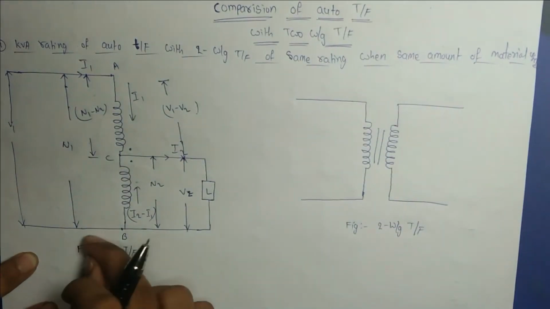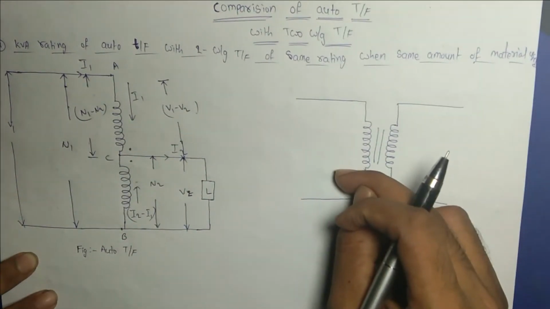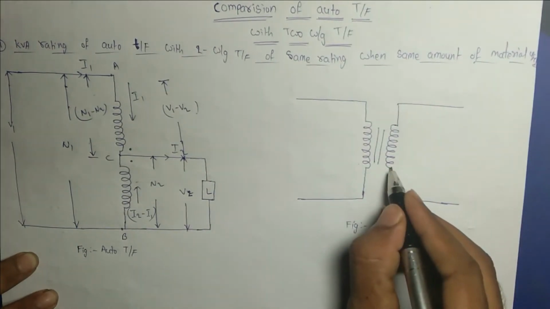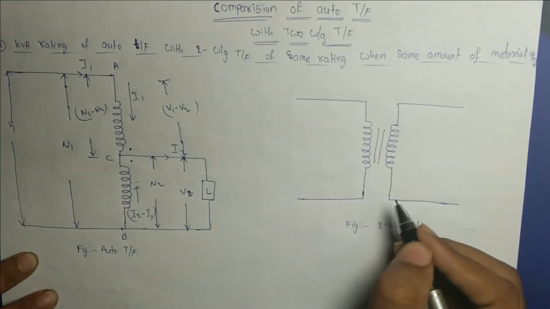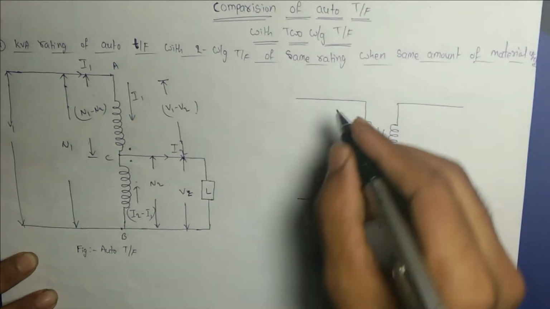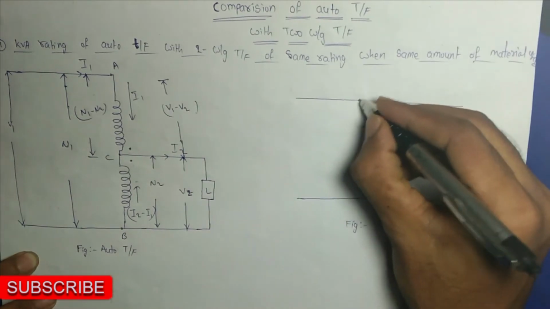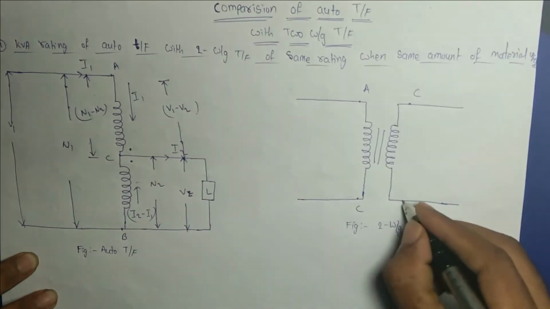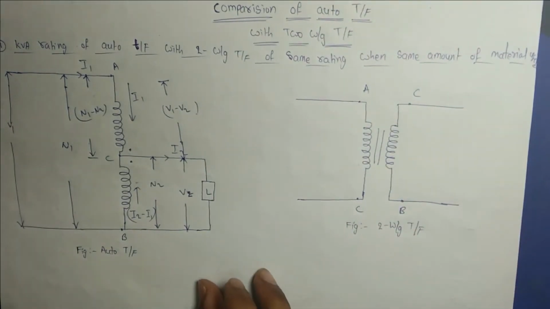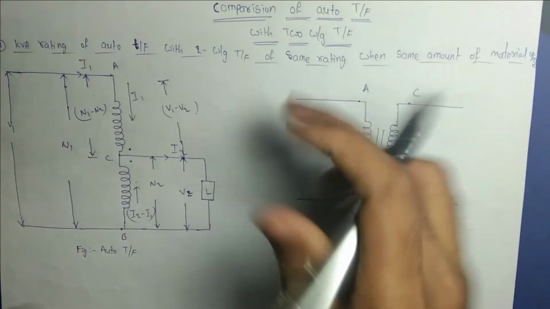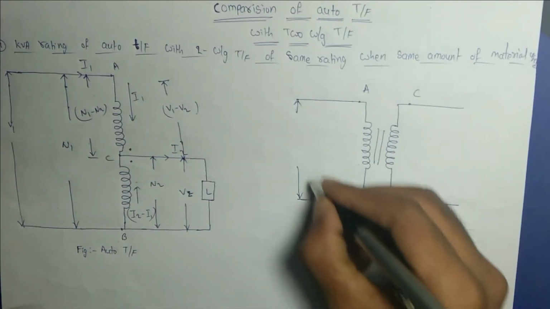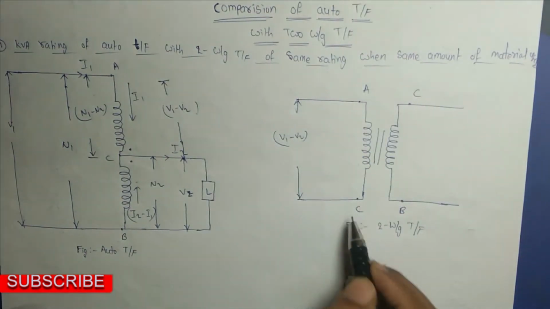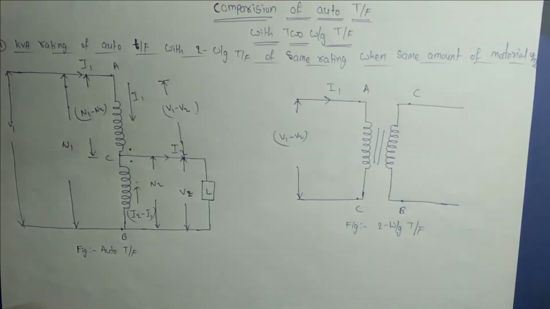Okay, by following this figure we can indicate current and voltage values in two winding transformer. Here the two windings of two winding transformer having same number of turns, hence input is equal to output. This is represented as A, this is C, this is also C, this is B. Now voltage across AC is V1 minus V2. Current flowing through AC winding is I1.